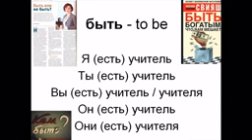Okay, next verb. Быть, to be. In the present tense, it's hardly ever used. So instead of saying я есть учитель, I am a teacher, you would say я учитель. Ты учитель. Вы учитель. Вы учителя. On the top left you see быть или не быть, to be or not to be.